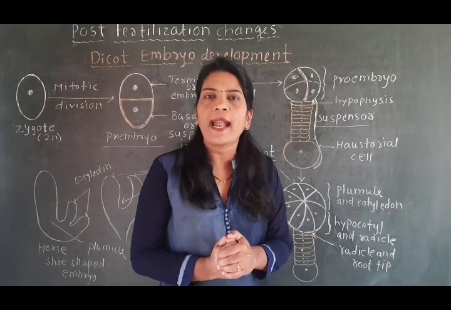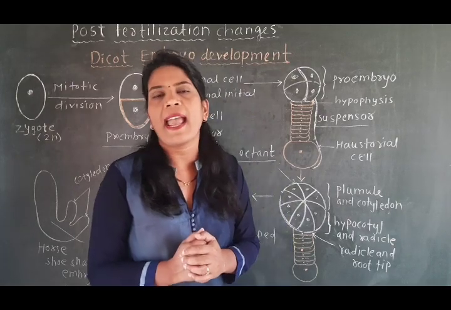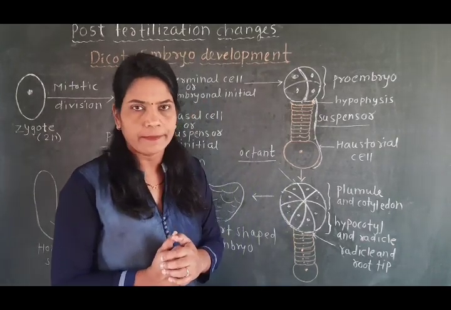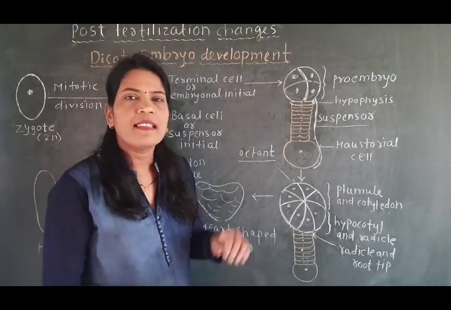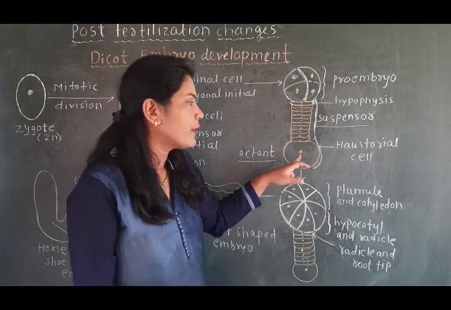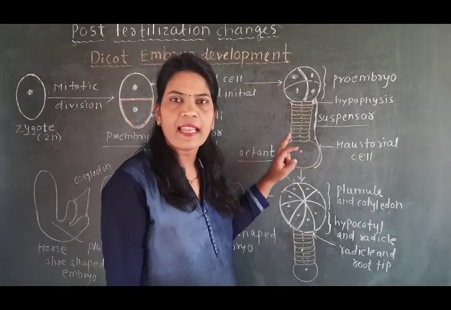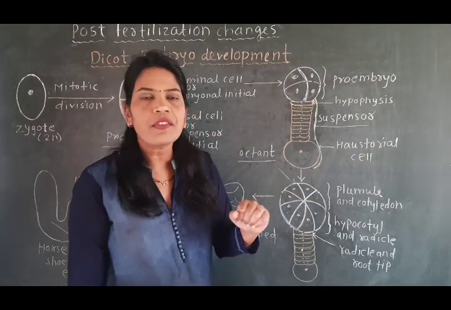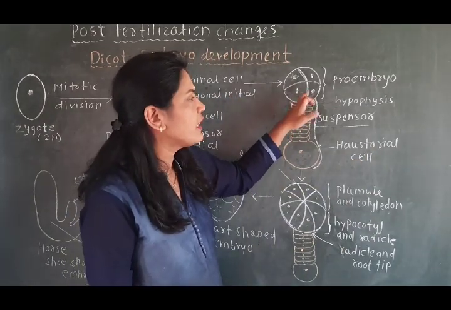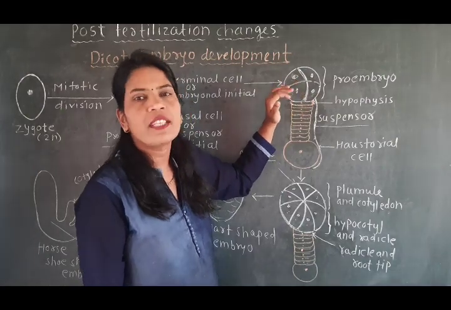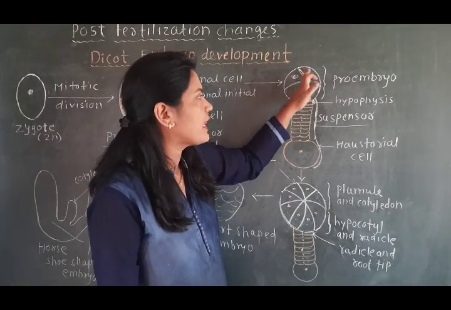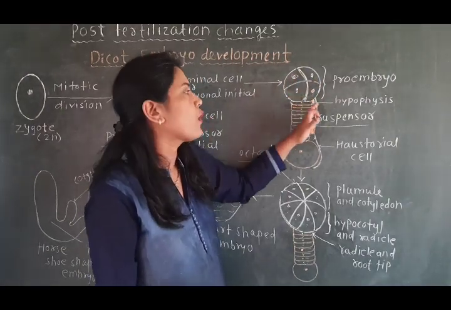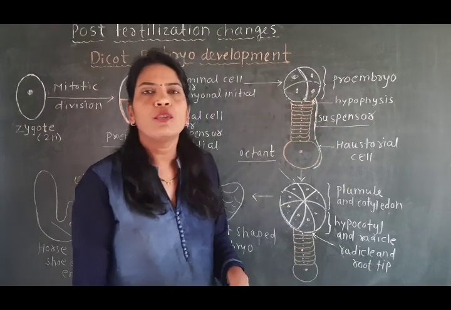The suspensor has 2 modifications: the cell toward the micropyle end becomes enlarged and is called the haustorial cell, and the lowermost cell of the suspensor, near the four-cell stage of the proembryo, is called the hypophysis.